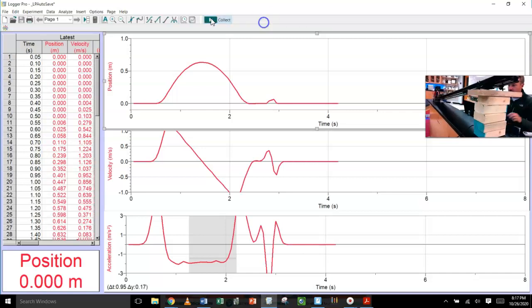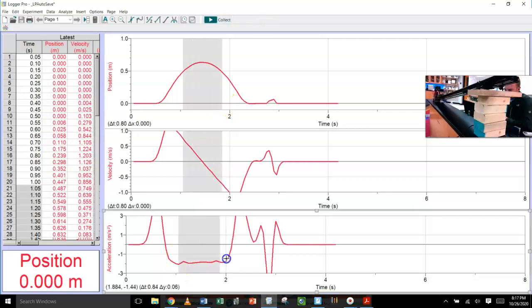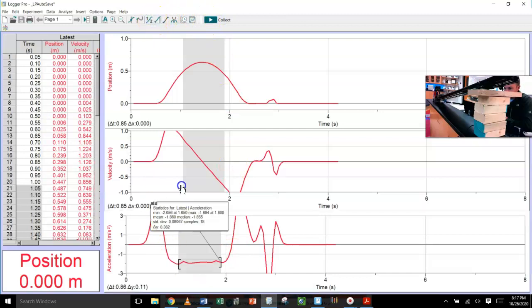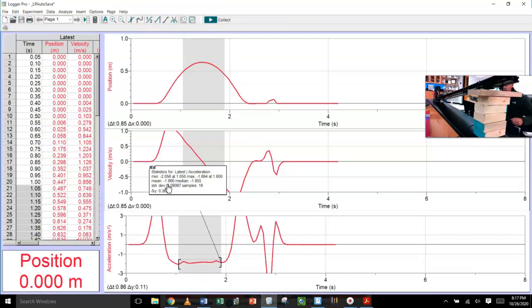Nice. So, grab my stuff here, find myself an average. This last one, the average is negative 1.860. Negative 1.860. So I can step my way back if I just hit Control Z, just so you can see.